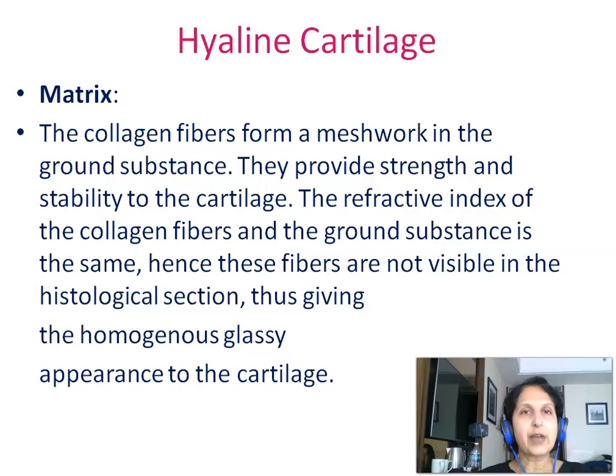The collagen fibers form a meshwork in the ground substance. They provide strength and stability to the cartilage. The refractive index of the collagen fibers and that of the ground substance is the same. Hence, these fibers are not visible in the histological section, thus giving the homogeneous glassy appearance to the cartilage.